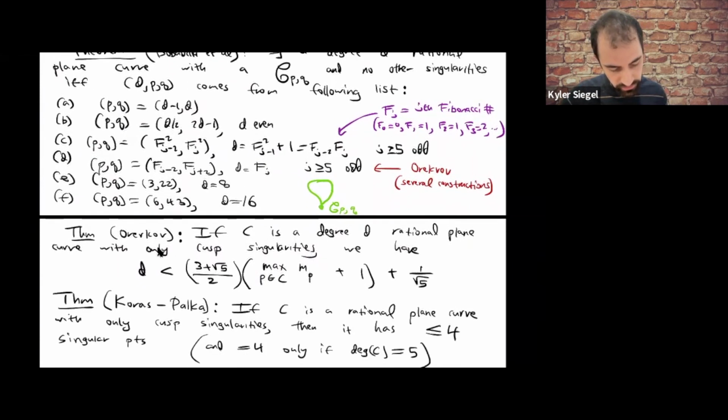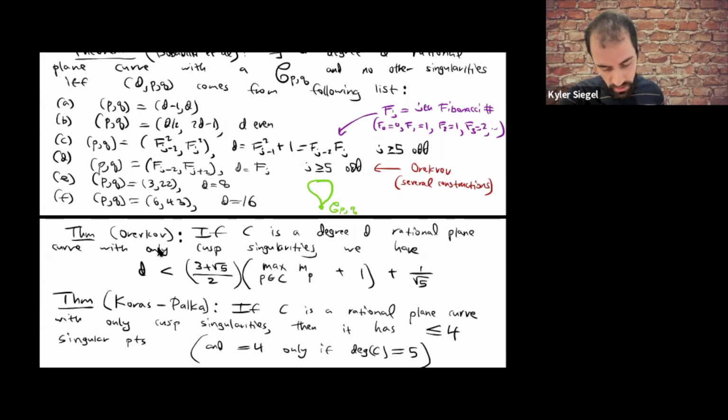Another very interesting result was, I think, a conjecture for quite a while, and then it was proved recently by Koras and Palka. The conjecture, which is now a theorem, is that if you have a rational plane curve with only cusp singularities, then you can have at most 4 cusps. They prove this using ideas from the minimal model program.